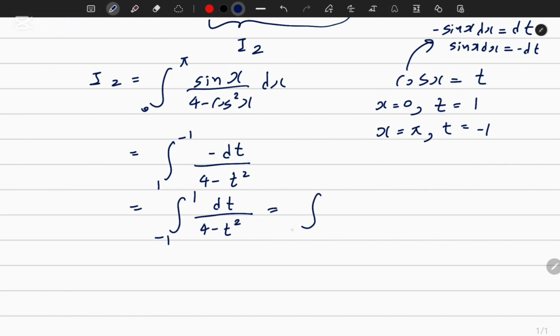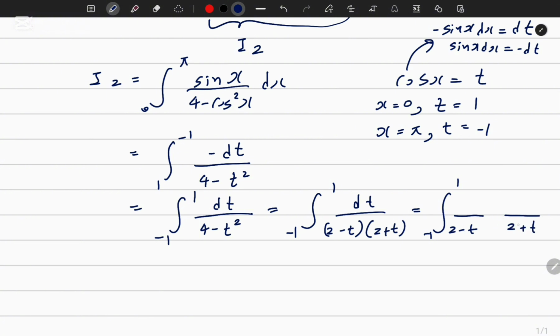I can write this as minus 1 to 1 dt over (2 minus t)(2 plus t). So by partial fractions, minus 1 to 1, 1 over 2 minus t plus 1 over 2 plus t, dt.